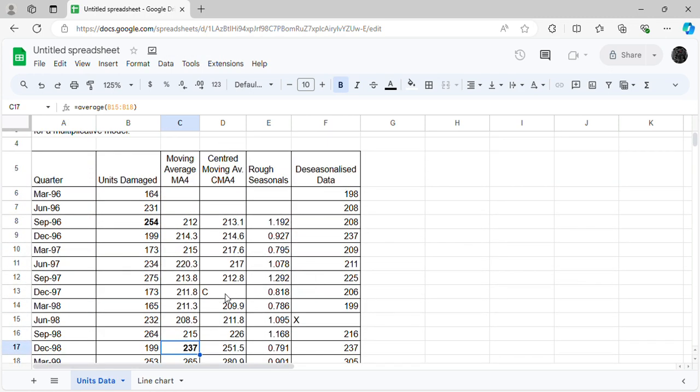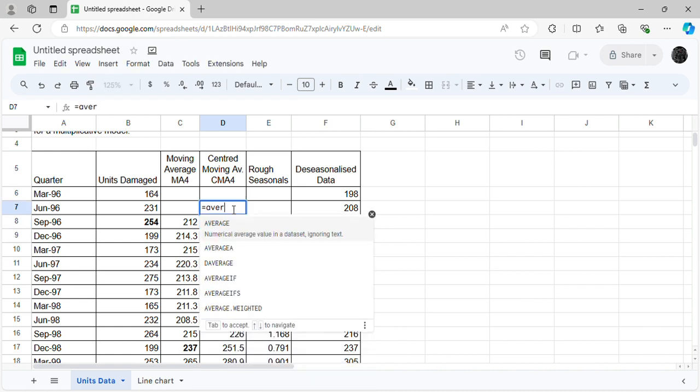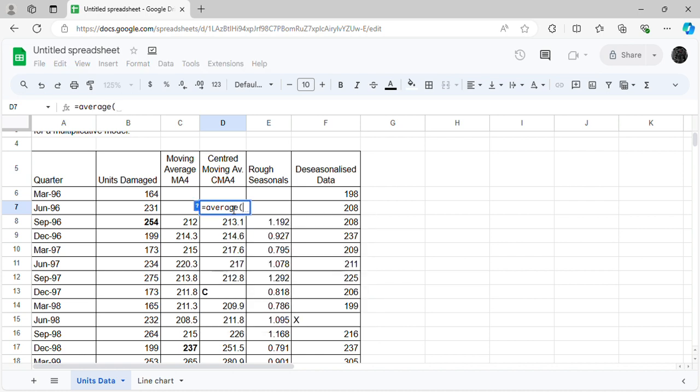And the value for C, that's the centered moving average. Now the centered moving average is the average of the moving average for that particular quarter and one future quarter.